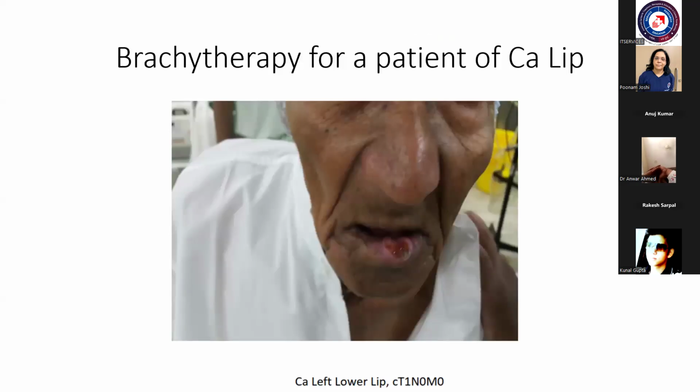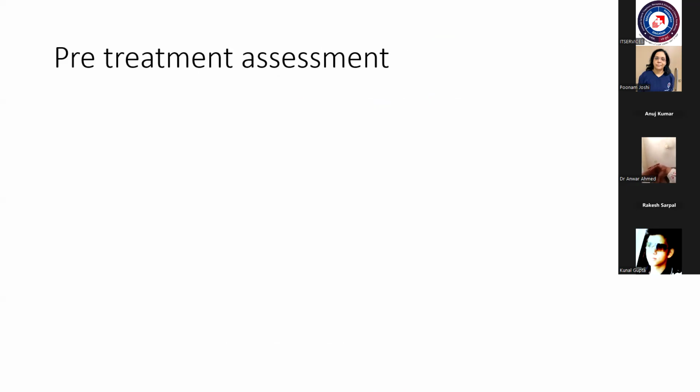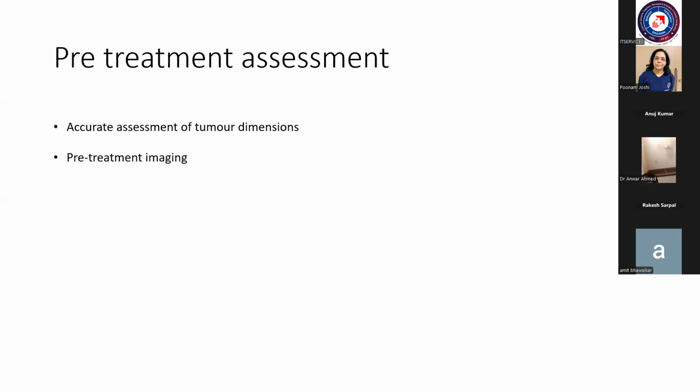So now I will describe a case capsule for a patient who has cancer of the lip, which is a T1N0M0 of the left lower lip. Pre-treatment assessment is critical. So accurate assessment of the tumor dimensions should be done by clinical examination as well as imaging.